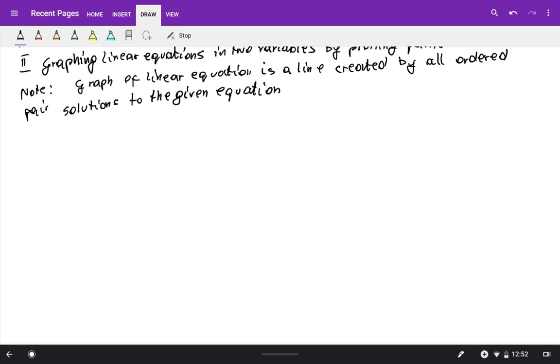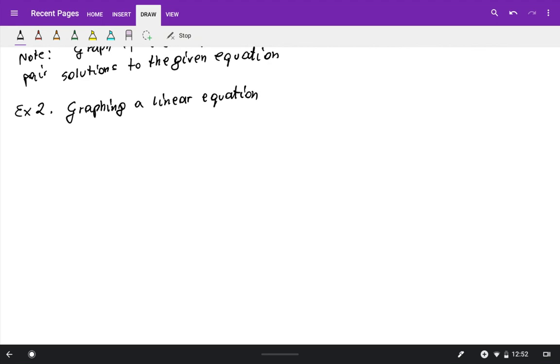So let me explain that using example 2. We're going to graph a linear equation, and don't forget that you're graphing your linear equations using Alex, so you want to navigate that graphing tool. So you have 2x plus y equals 6. How are you going to graph it?